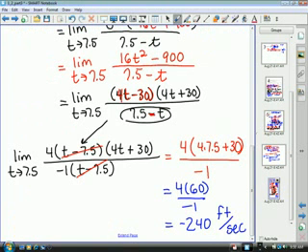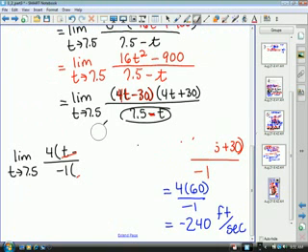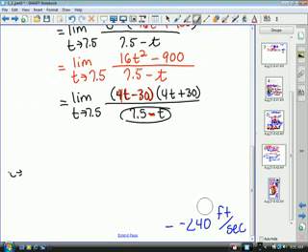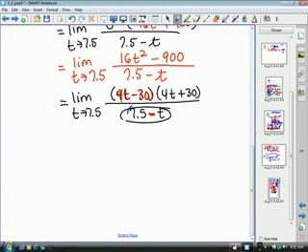Now there is a way you could do this without factoring. What could I multiply the denominator and the numerator by so I wouldn't have to factor it at all? Does everybody have that written down? Okay. What could I multiply the denominator by so it will cancel with what's in the numerator? Not 4, but -4.